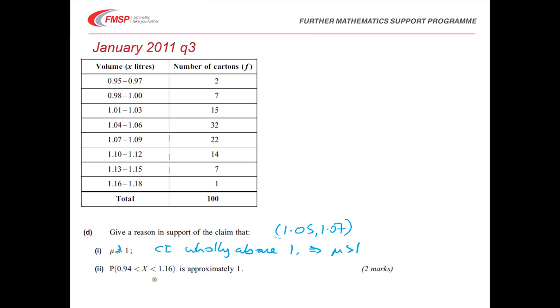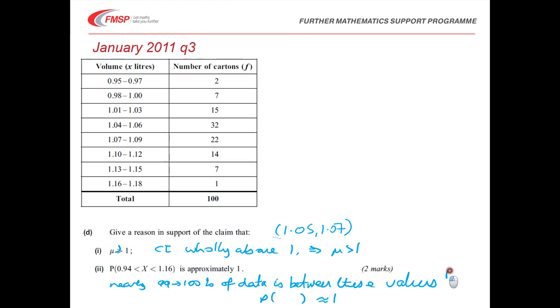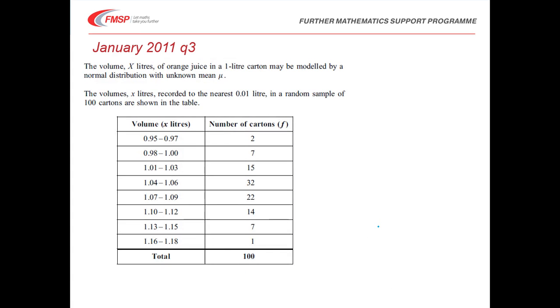So what we argue is that nearly 99 to 100% of data is between these values. We can see that from the data. And because that's true, we can say that the probability is roughly equal to 1. Again, it's just testing your understanding about what's going on in that situation.